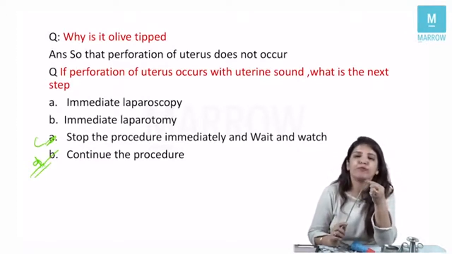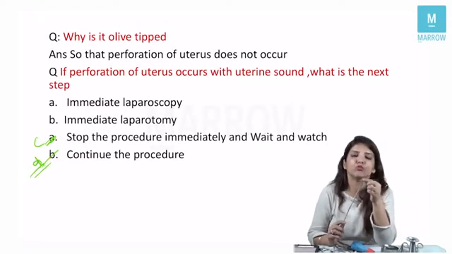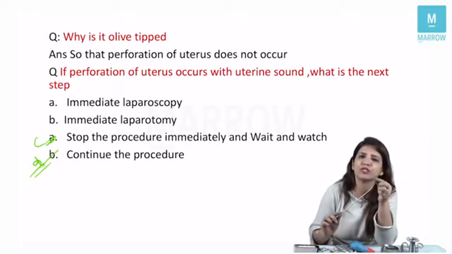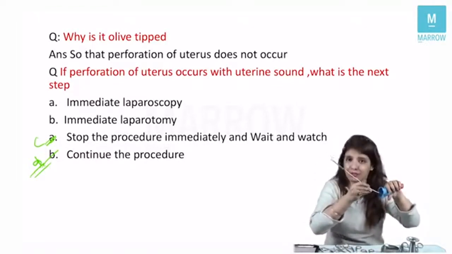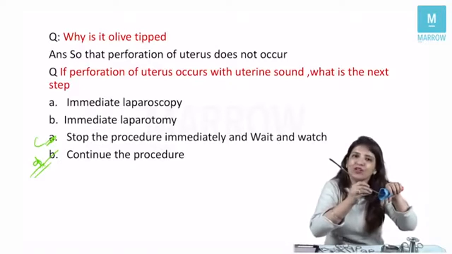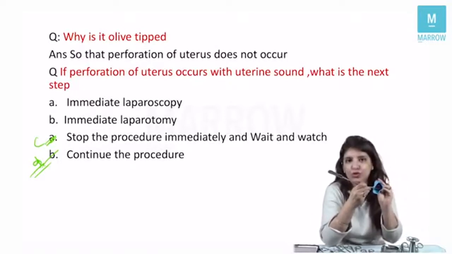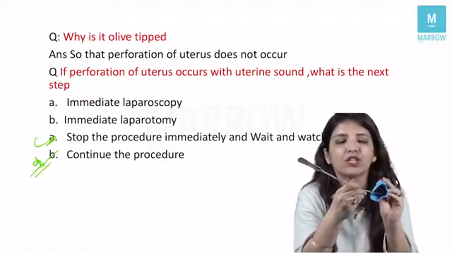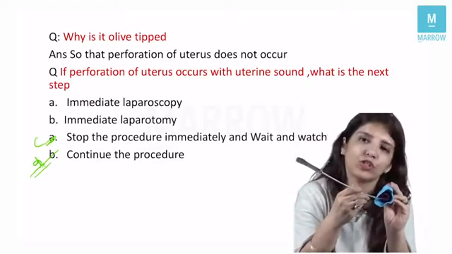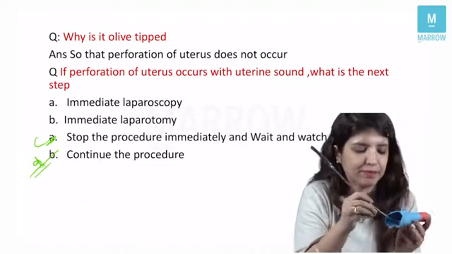This is why before putting any other instrument, we put a uterine sound, because it is very narrow, so it can also act as the first dilator. And if perforation happens with this, nothing to worry, just wait and watch the vitals of the patient, right?